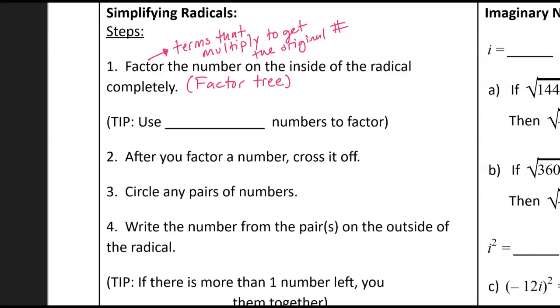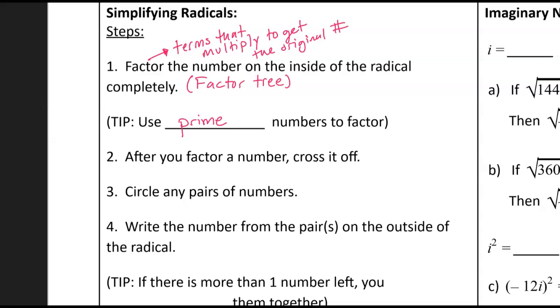Now the tip is to try to use prime numbers to factor. This will make your factor tree shorter if you try to use prime numbers. Think of prime numbers to factor it.